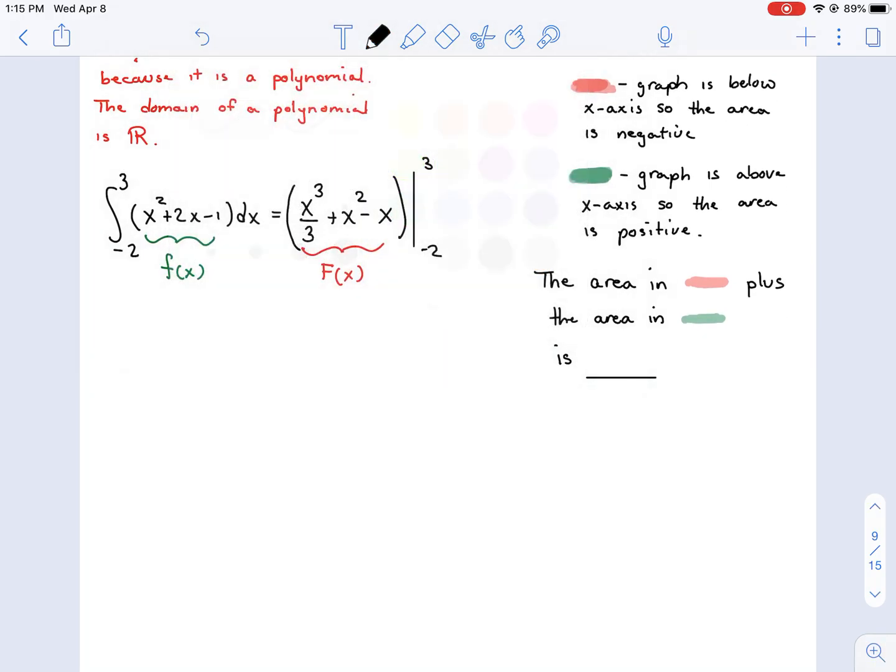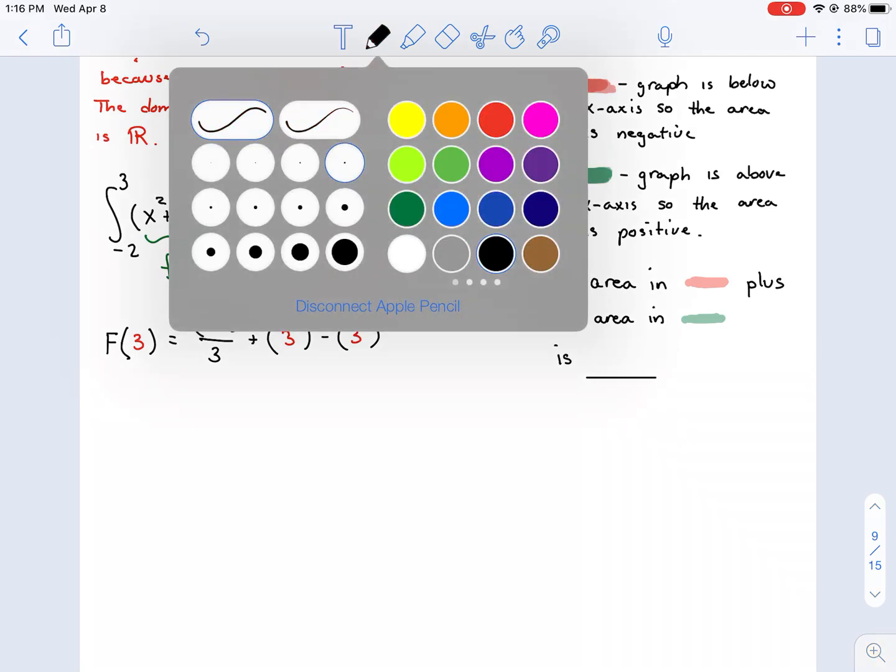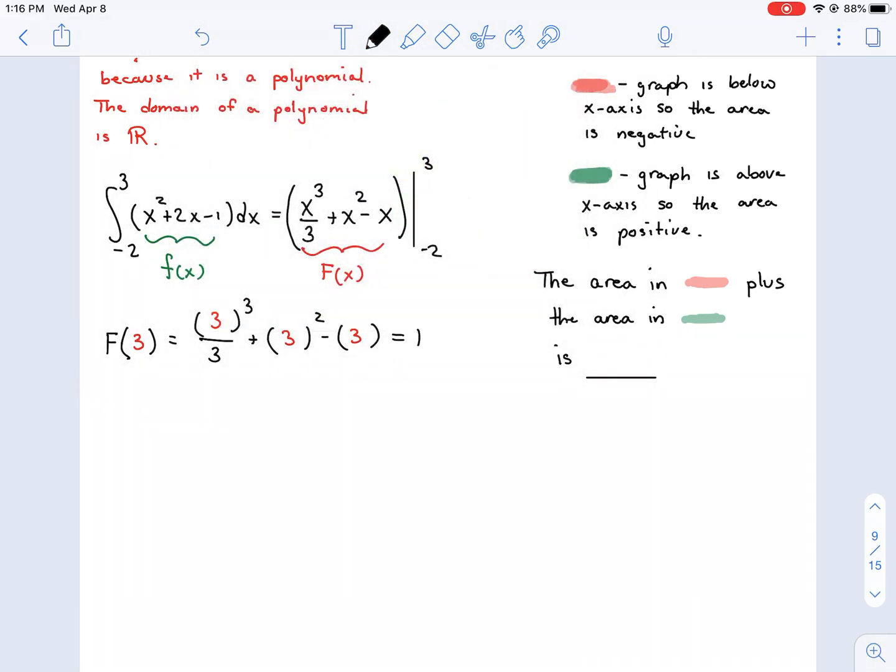Now, we are going to evaluate the antiderivative, capital F of x, at 3. And that looks like this. And after some arithmetic, that value is 15.